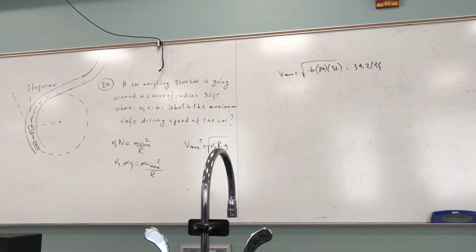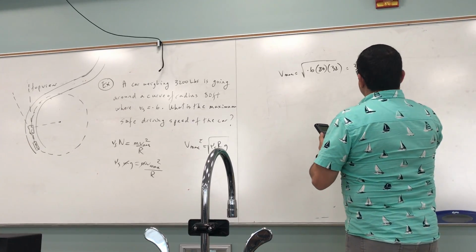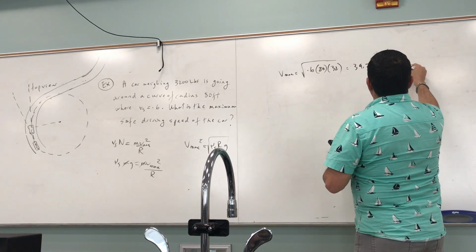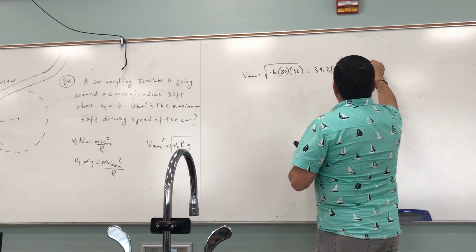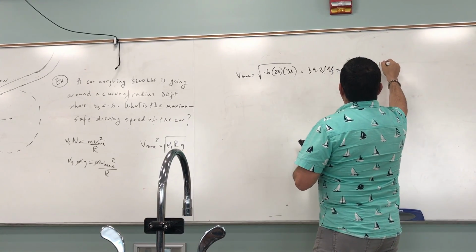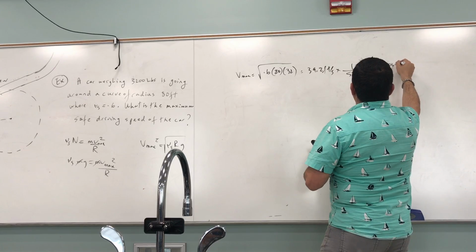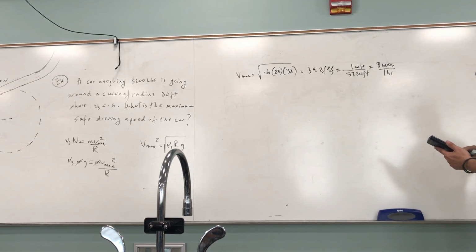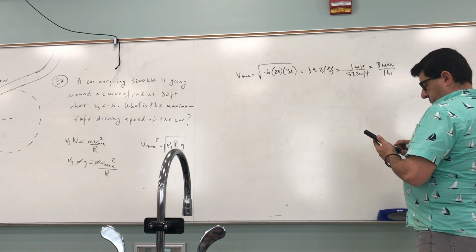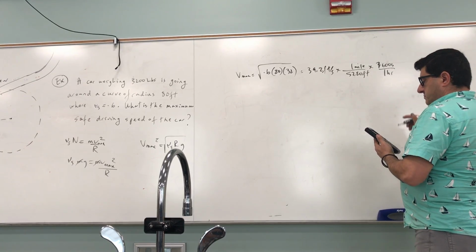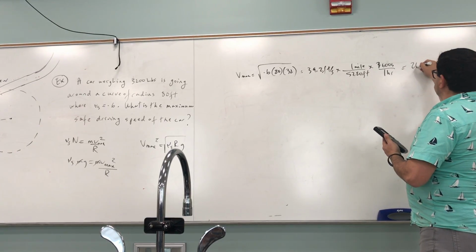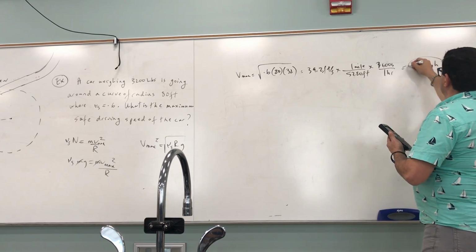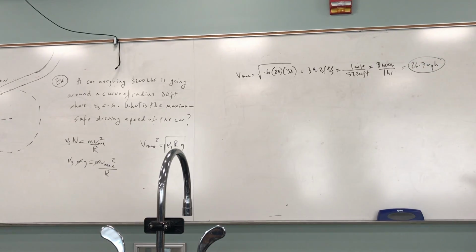If I want to change that to miles per hour, I do 5280 feet is 1 mile, and then 3,600 seconds is 1 hour. So they should post that on the road, 26.7 miles per hour.